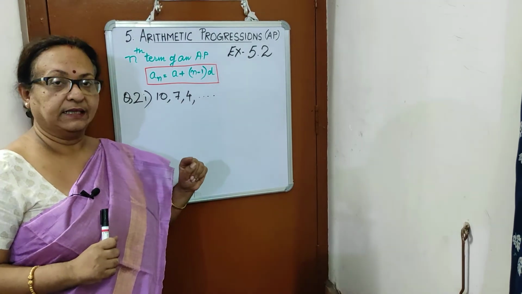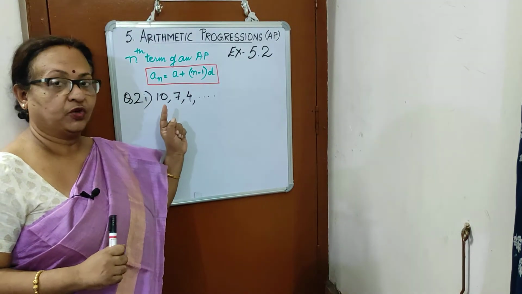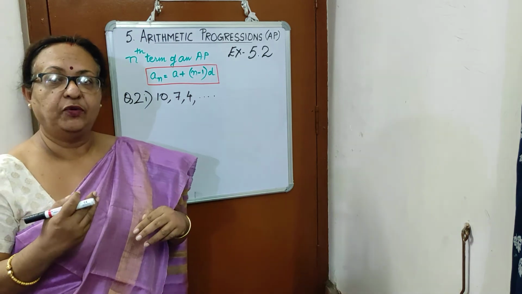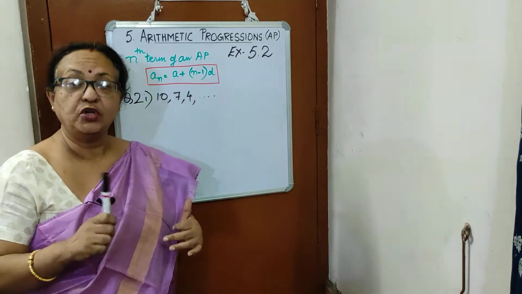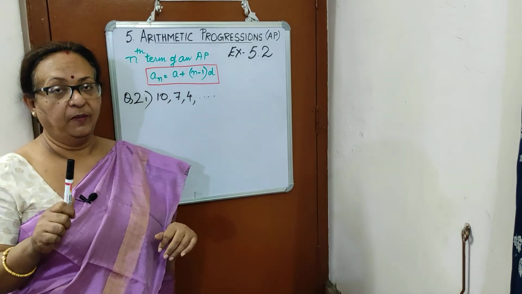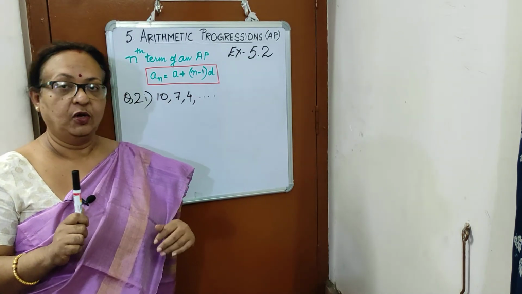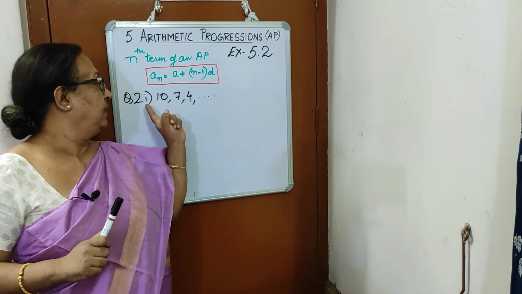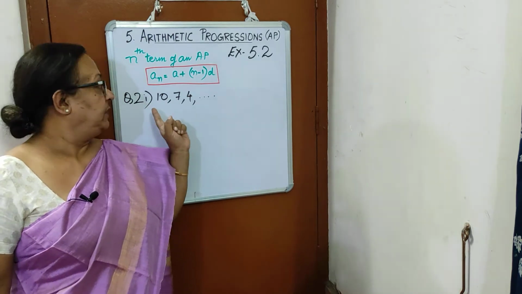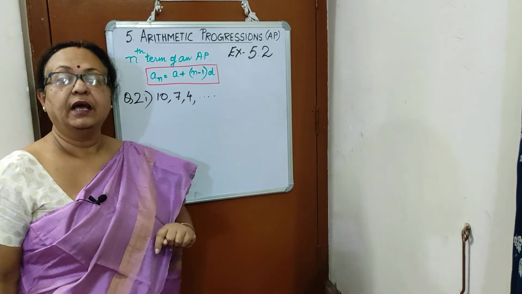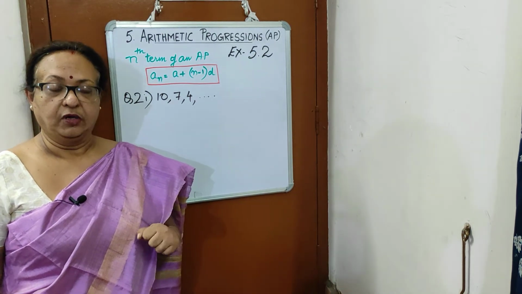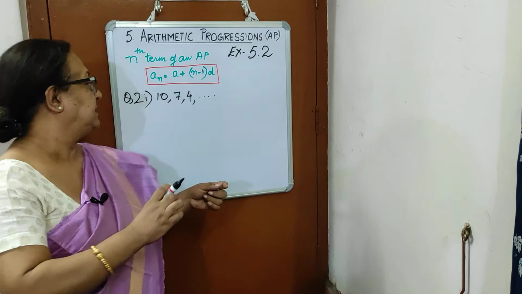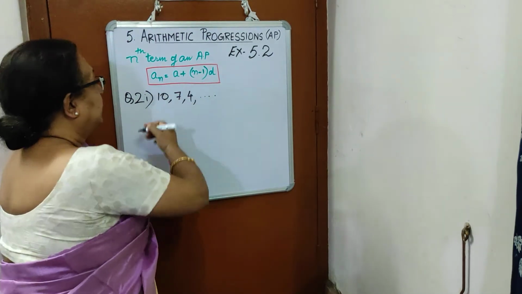Now we take another sum, question number 2, the first one. Children, the first that we did as an example was one of your sums from question number 1. Now it's question number 2. A sequence of numbers is given, and what is said? You need to find the 30th term. Again we start the same way, and apply the formula.